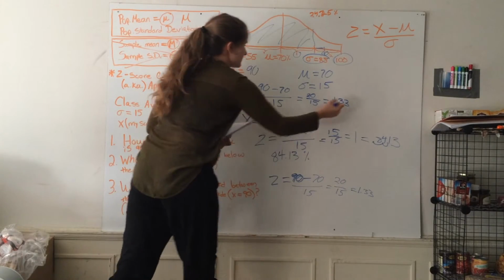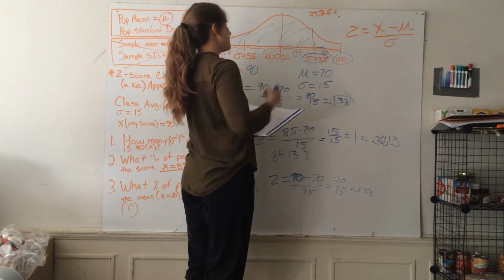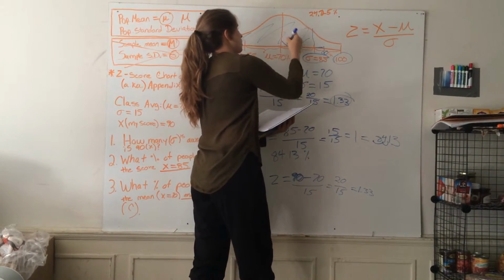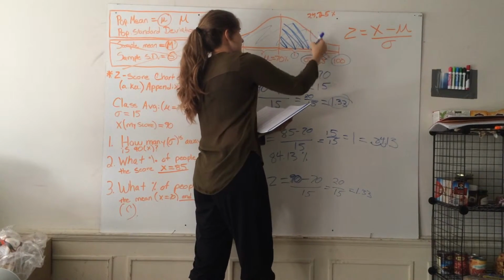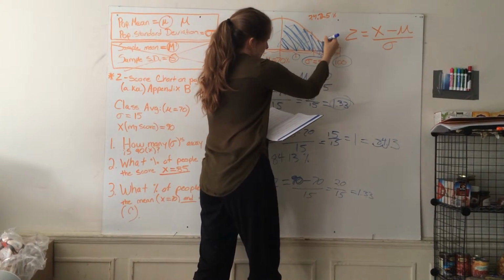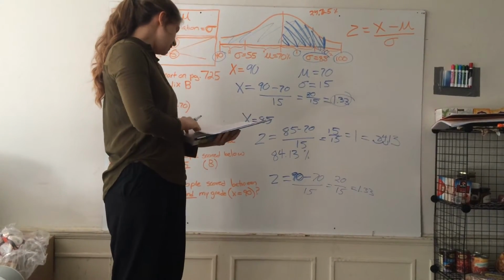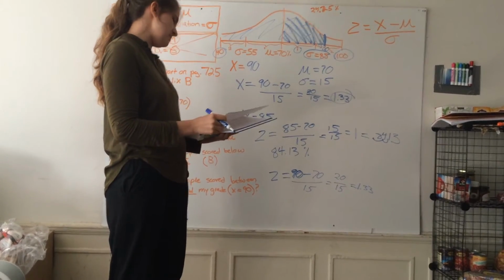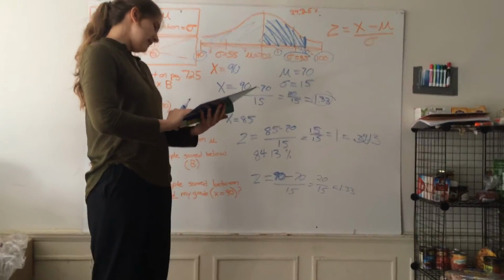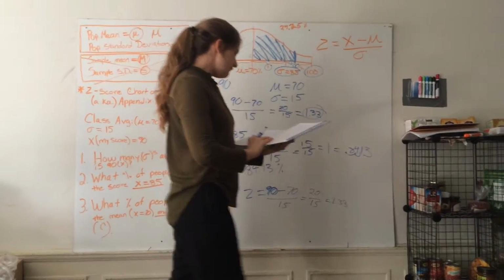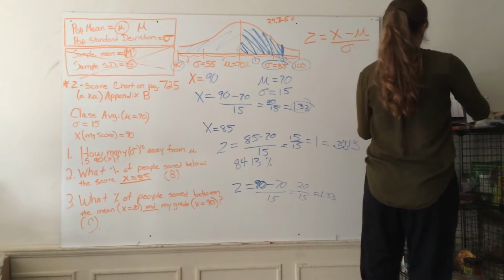That's the same as this, but this time we're trying to find how many people scored between 70 and my score of 90, so all of this over here. And that requires going into the chart, finding the proportion of people between mean and the z-score, and that is equal to 0.4082.